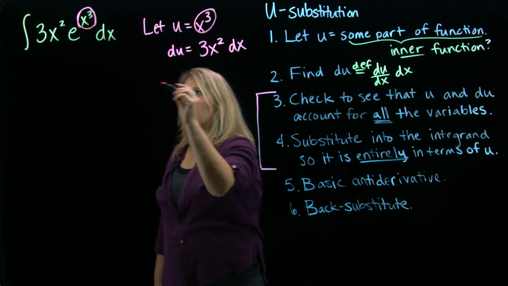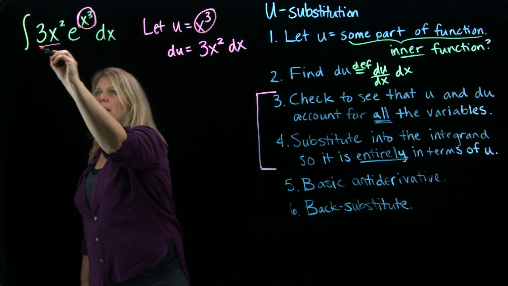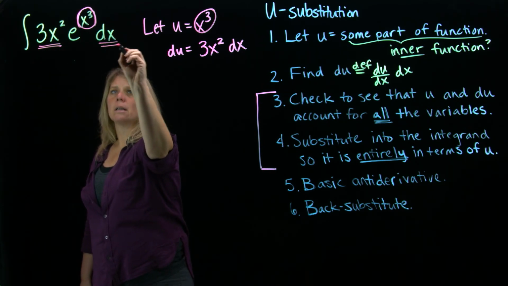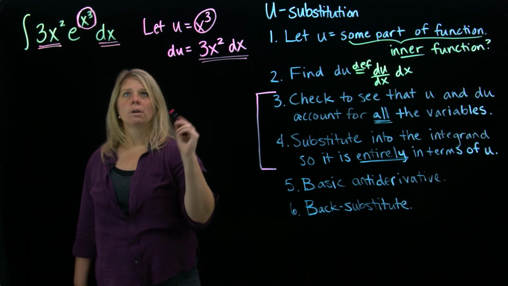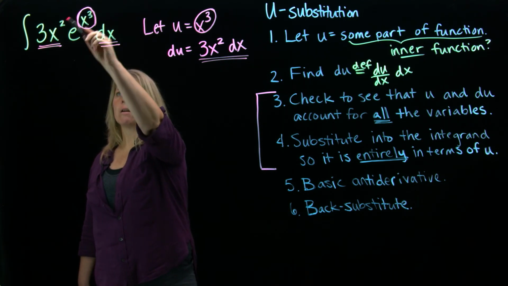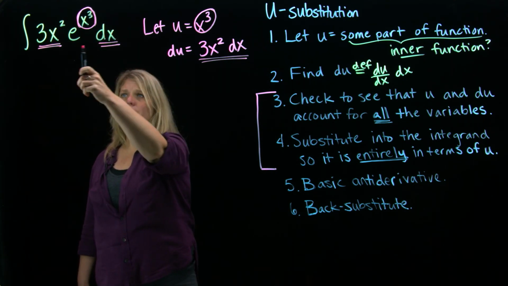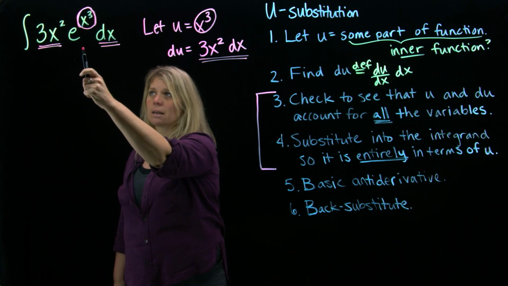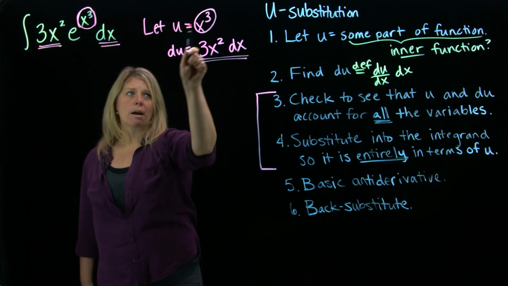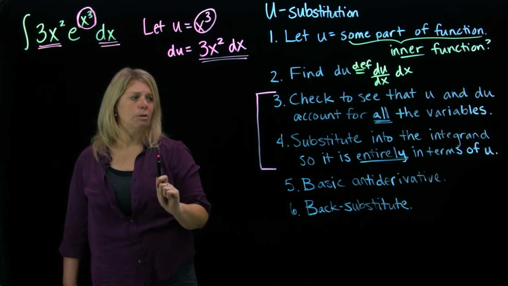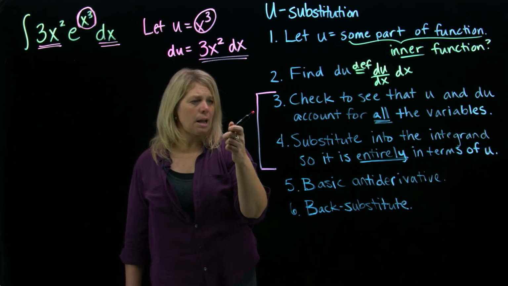And then I also have, in the function I'm trying to integrate, 3x squared dx, and that's accounted for here in my du. So we're good on this one. All of the variable parts of this expression are accounted for. I actually have an e here, but remember that's a constant. So all the variable parts are accounted for between my u and my du. You want to check to make sure that that happens.